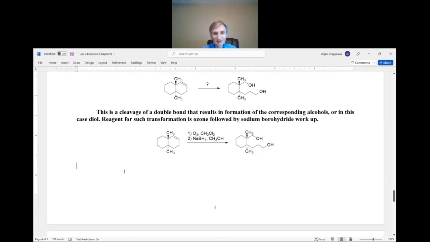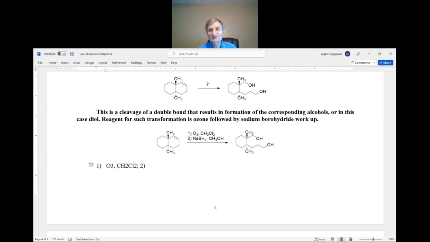On the test, you would need to provide the reagent, and so you would write it like this. I'm not going to insist on the solvent, but the solvent is dichloromethane, and hopefully you would know that. So that will be the first step. Don't forget 1 and 2. You have to indicate 1 and 2 for the first and second step.